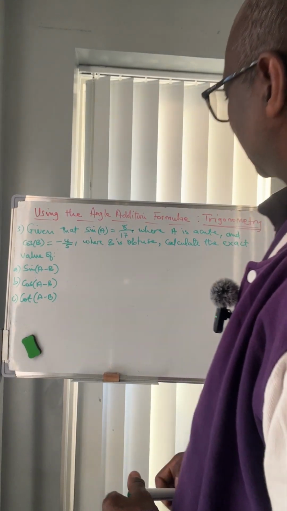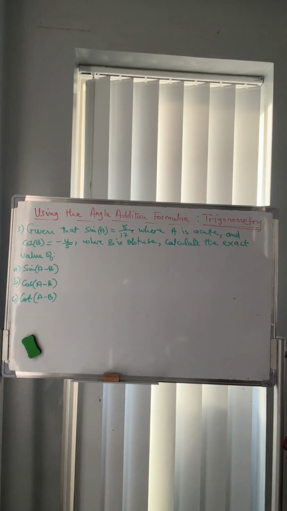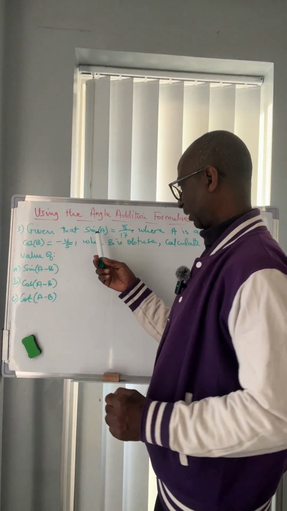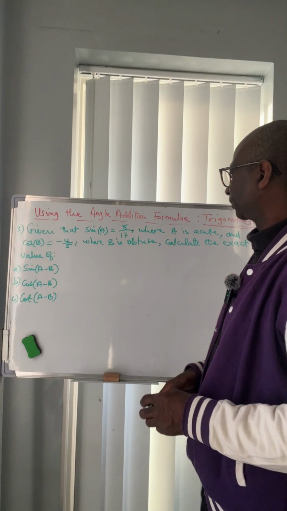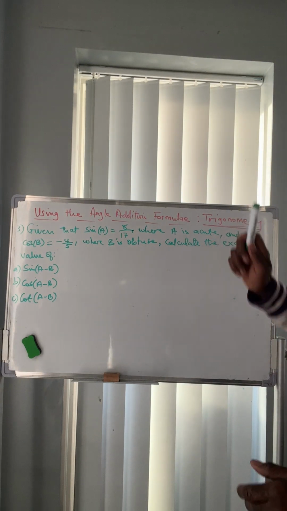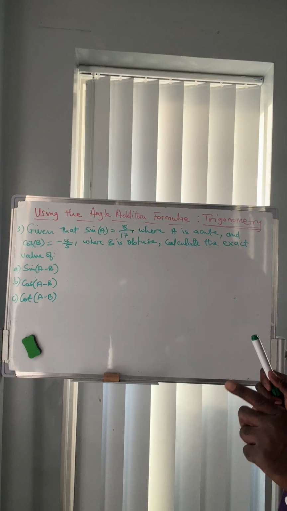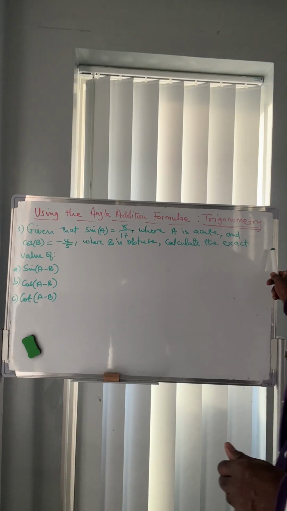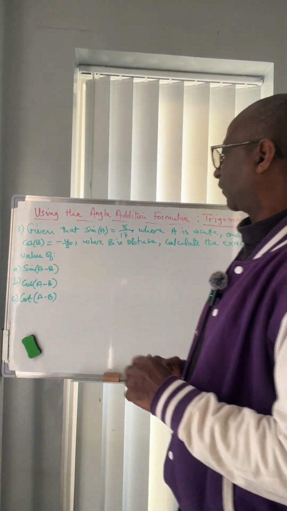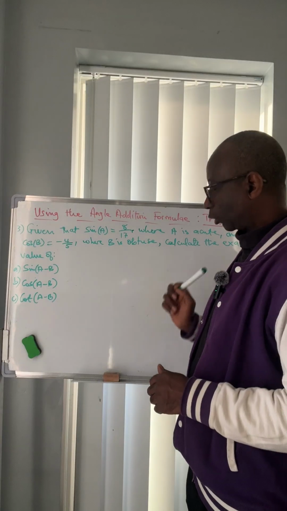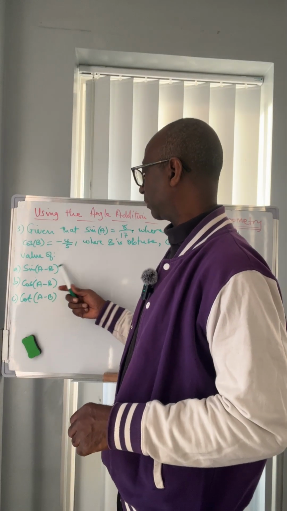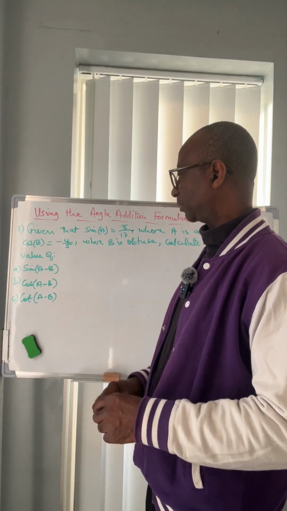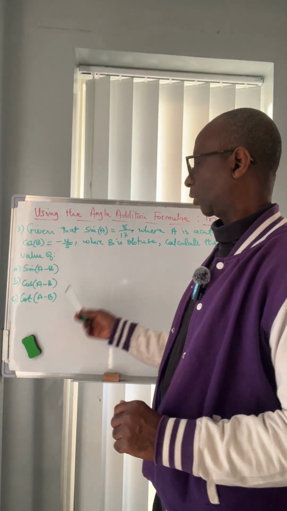The question reads like this: given that the sine of angle A is equal to 8 divided by 17, where A is acute, and the cosine of B is minus 4/5, where B is an obtuse angle. Calculate the exact value of sine of A minus B, the cosine of A minus B, and the cotangent of A minus B.